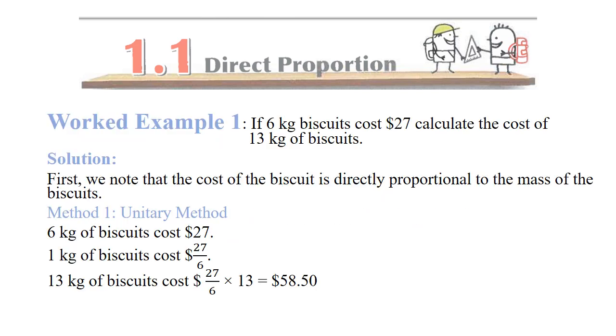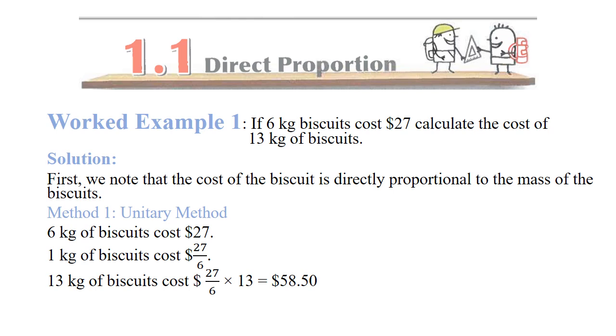So let's discuss a bit more by considering a real situation that we generally encounter in our daily life. The example is a mass of biscuits which has 6 kg mass and it costs $27.